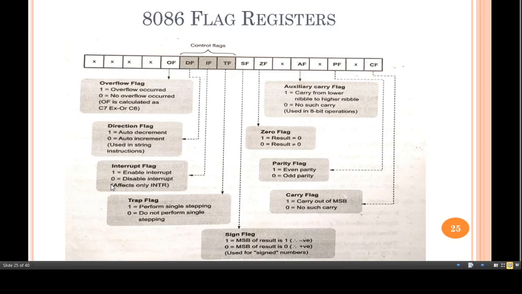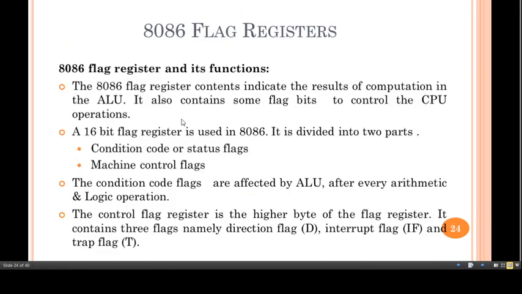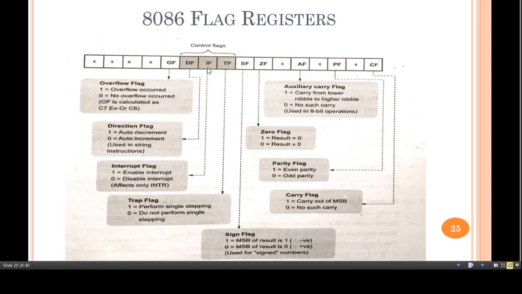This is the representation of the 8086 flag register, a total 16-bit flag register: CF, PF, AF, ZF, SF and OF. As we have seen, these are the status flags, and TF, IF and DF are the control flags.